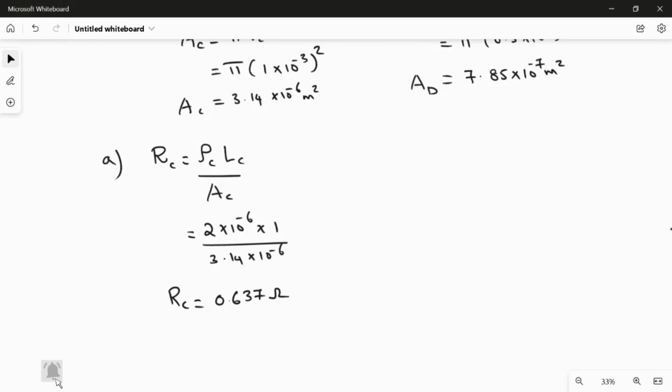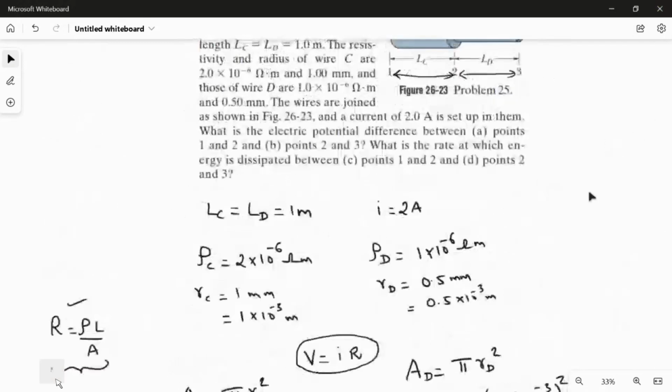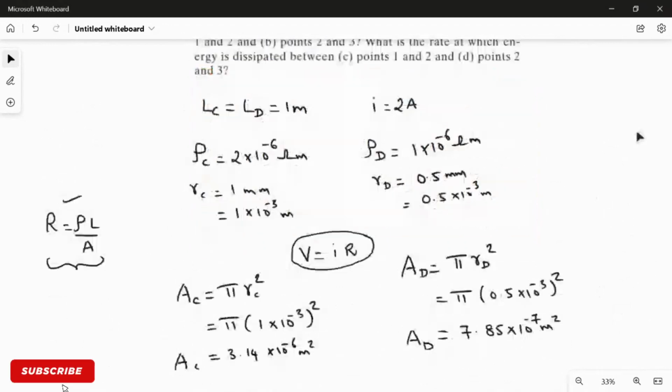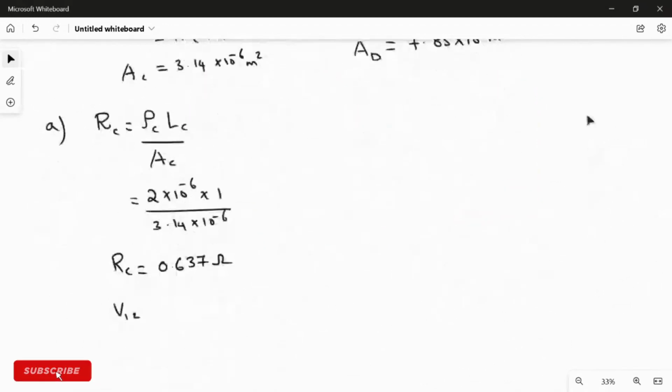Now we are going to find the potential difference between the point 1 and 2. So therefore, V of 1 and 2, that means the potential difference between the point 1 and 2. Let's just go back to the figure. You have to see here the potential between the point 1 and 2 we are going to find now by using the resistance value.